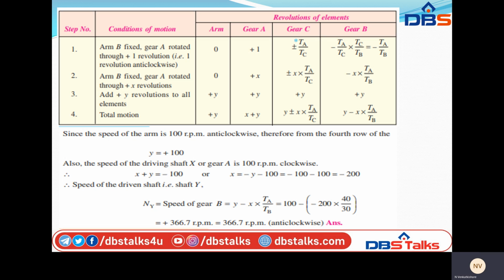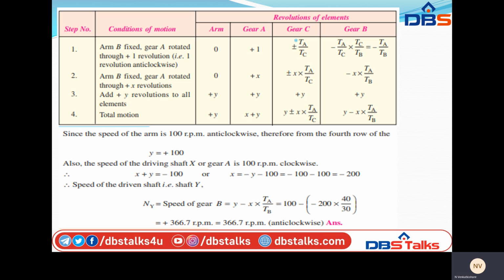B is the representation for the gear, so don't take it as fixing the gear. The arm is different, the gear is different. Here we are fixing the arm, so it is 0, and rotating with +1 revolution. So gear A will be rotating with +1. Gear C is plus TA by TC, equals minus TA by TB for gear B. Like that you have to frame up the table.